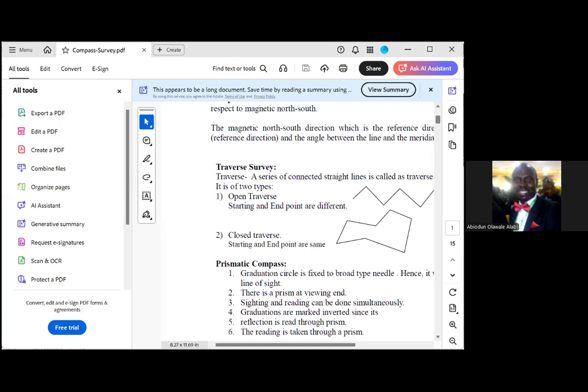electromagnetic radiation. Once the EDM instrument emanates electromagnetic radiation, there's a target that you place at the other end of the length you want to measure. Then the target reflects it back to the EDM.